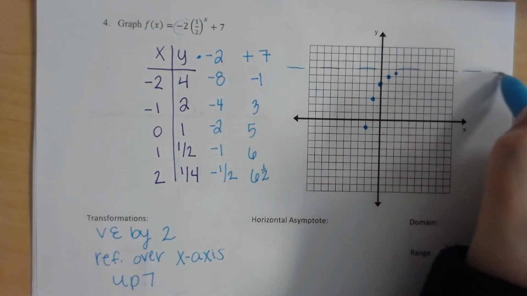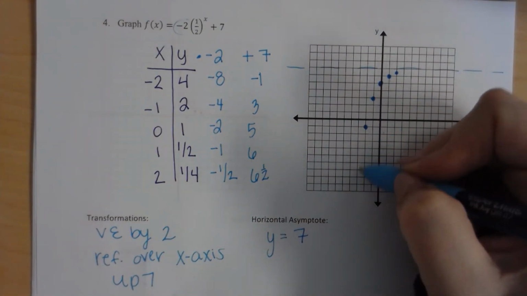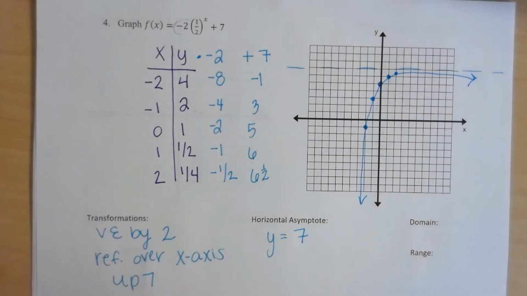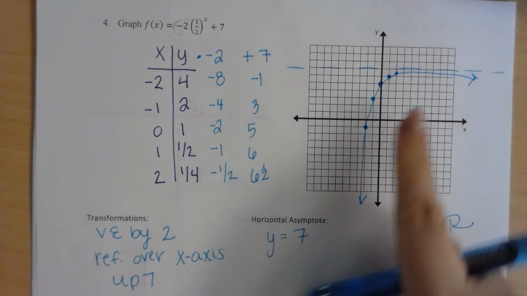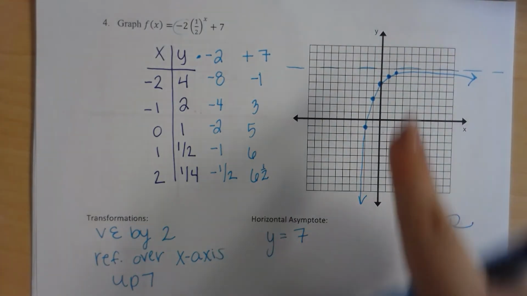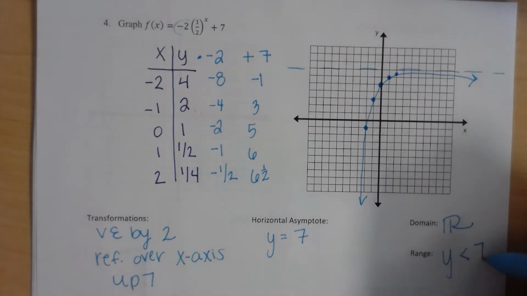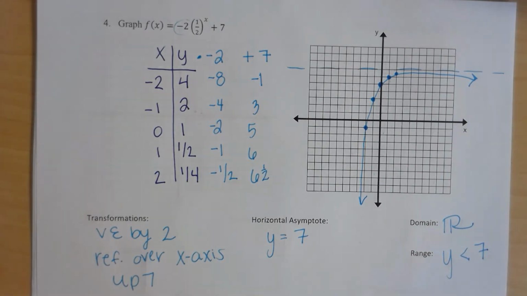So our horizontal asymptote is at y = 7. So our graph looks like this. The domain is still all real numbers. It's still going left forever and right forever. This time, because it's below the 7, y is less than 7 because it's below our horizontal asymptote.